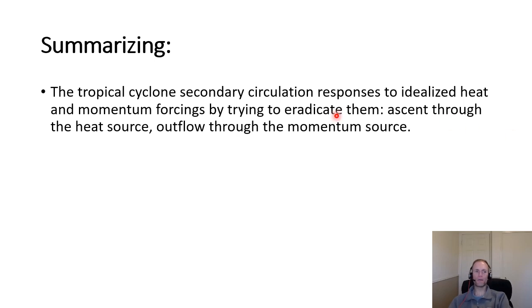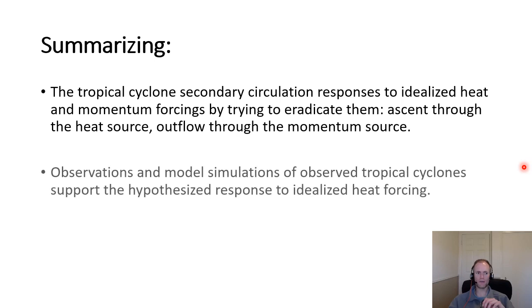So summarizing, the tropical cyclone's secondary circulation responses to idealized heat and momentum forces are to eradicate them. Ascent with cooling due to adiabatic expansion through the heat source, outflow with the generation of anticyclonic flow to eradicate the cyclonic momentum source that gave rise to that.